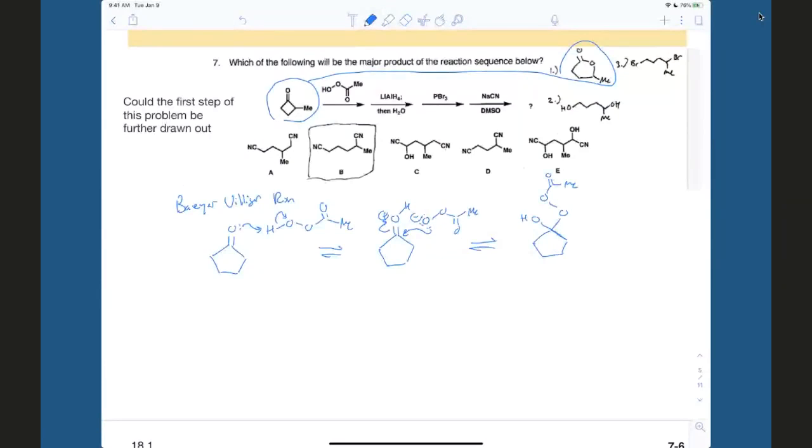Oh, I wasn't drawing the methyl. What am I doing? I'm not even drawing a cyclobutanone. Let me redraw some of these. My apologies. We have a cyclobutanone with a methyl.